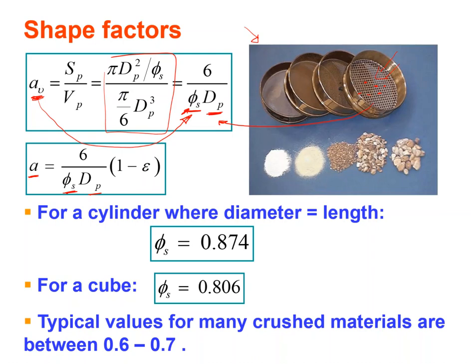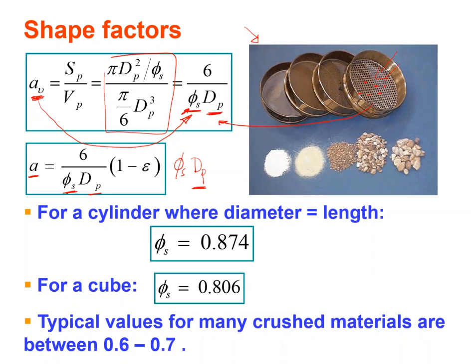In the past, we had dp, which was called the effective diameter. But now suppose I don't have the effective diameter, I have the nominal or the equivalent, so I can use the sphericity shape factor. If I multiply phi s, which is sphericity or shape factor, times the equivalent or nominal, this will give me the other one, which is the effective diameter.